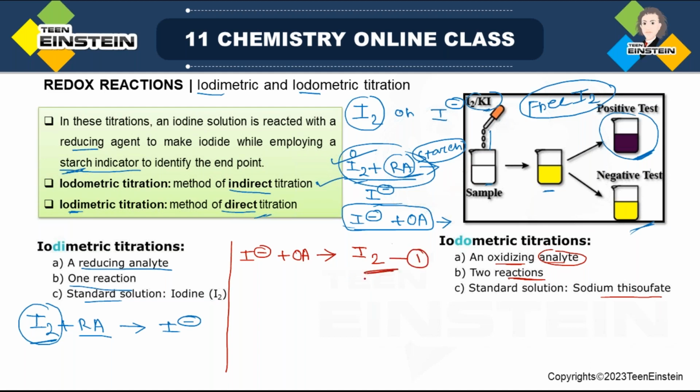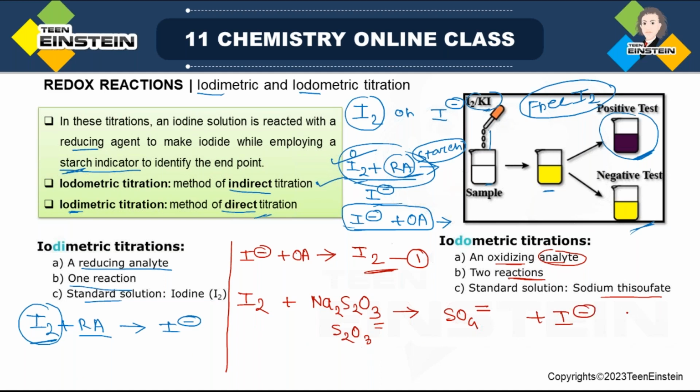Now the iodine that is produced in this reaction, you will treat it with sodium thiosulfate, Na2S2O3. Now Na2S2O3 is basically a reducing agent, where this S2O3 2 minus ion itself will be converted to sulfate, and I2 will be converted to I minus.